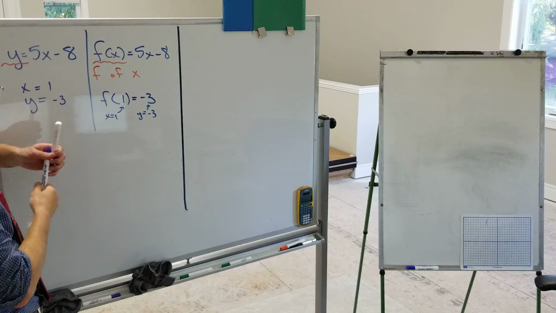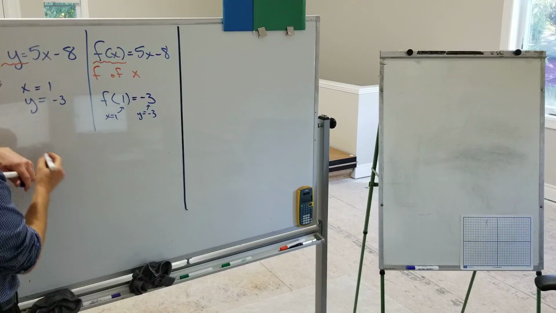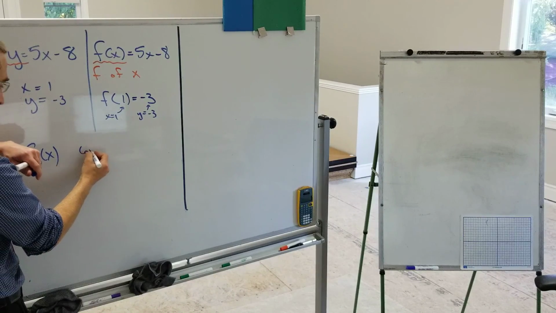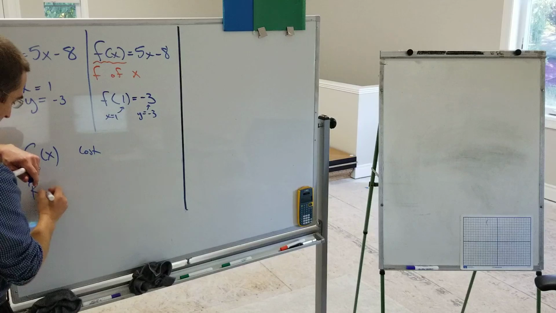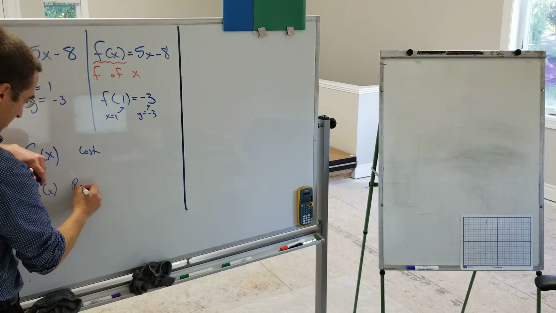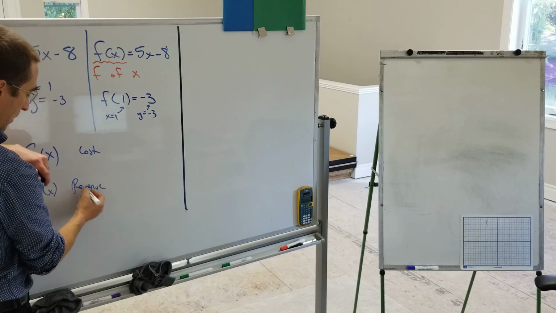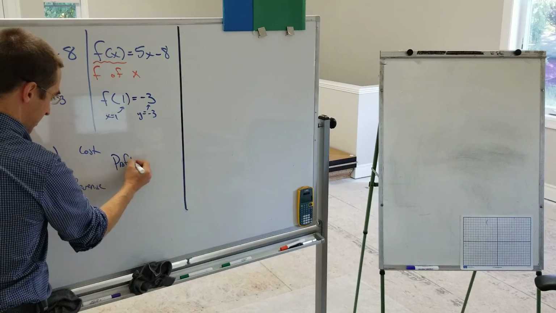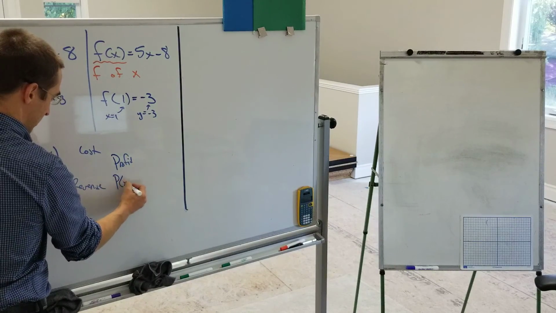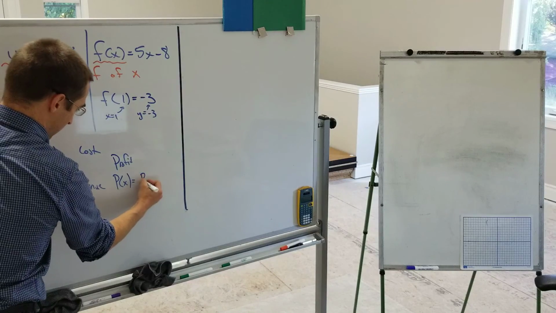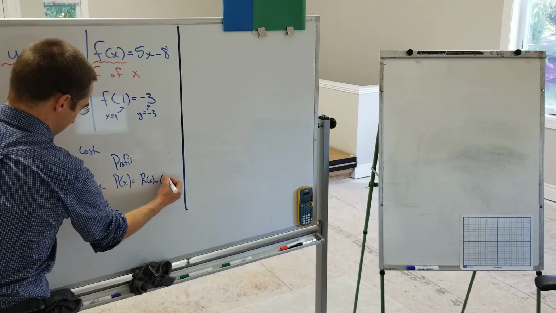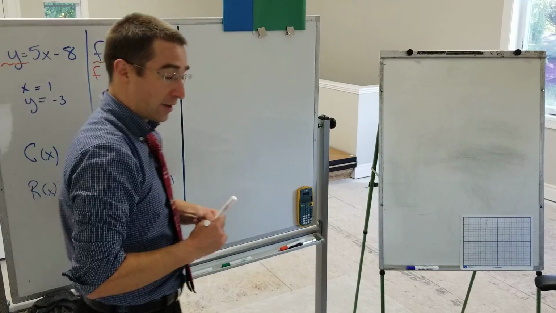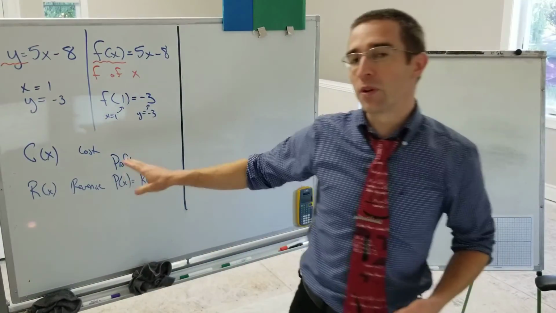Another reason we use function notation is because that way we can use two different functions. Like we could have a cost function, we can have a revenue function, and then we could talk about our profit. So the profit function equals your revenue function minus your cost function. In the real world, these would have more than one input.